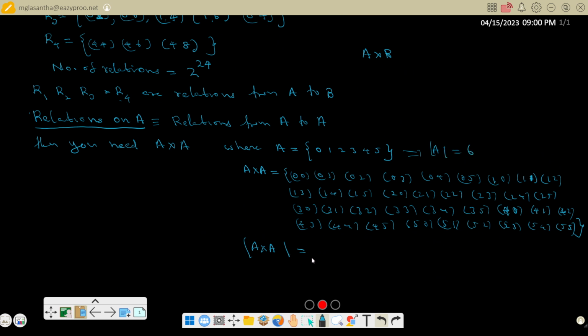Then what is the cardinality of A cross A? 54? 64, sir? No. Not A cross B, this is A cross A.